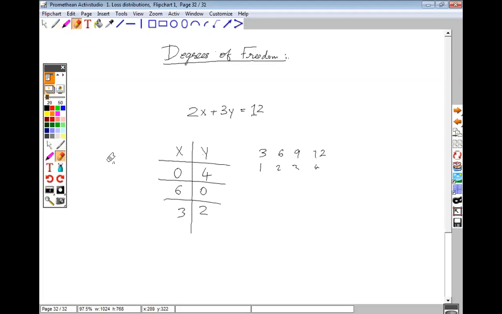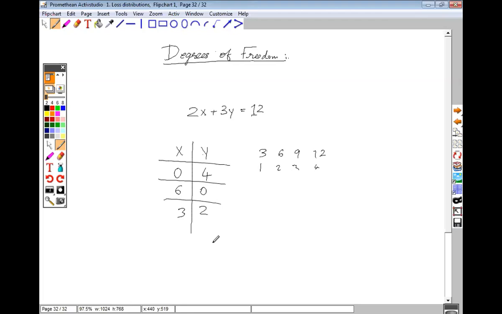So do you guys see what's happening here in terms of degrees of freedom? What did we just do? We can only vary one of the variables. The other one has to adjust. Exactly right. We can only vary one of the variables at one single point in time.